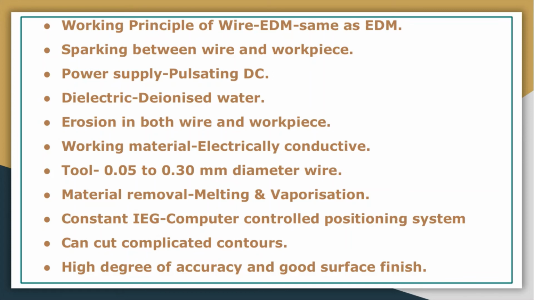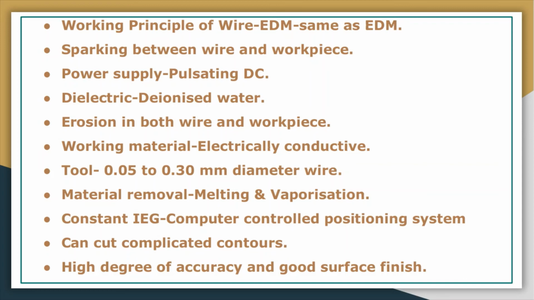But if you reduce the diameter, your material removal will reduce, because the current carrying capacity of the wire also reduces. The wire may frequently break if you use higher current through this small diameter wire. So based on your application and your material, you have to choose your wire diameter.